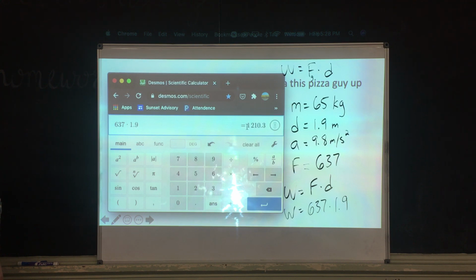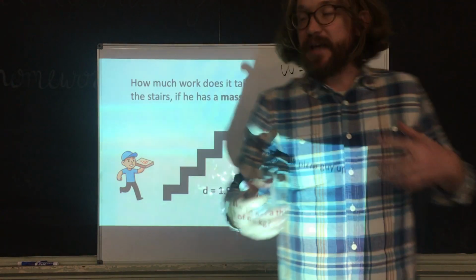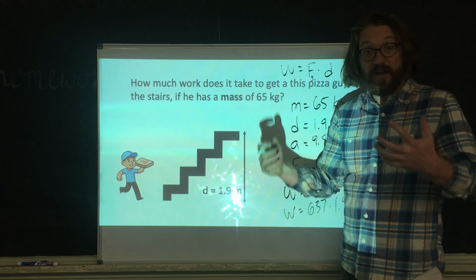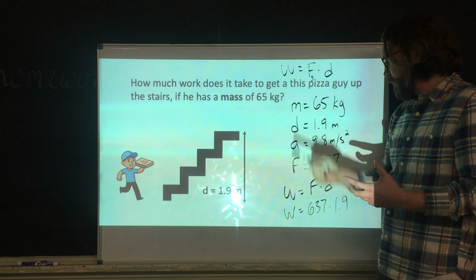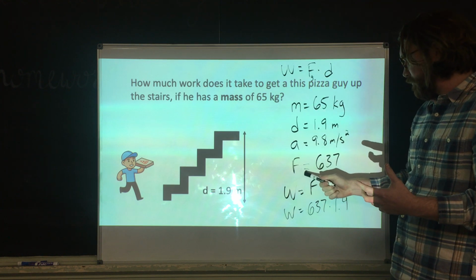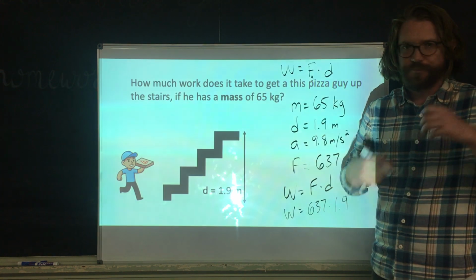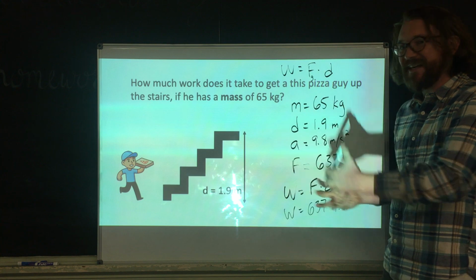And that gives us 1,210.3 joules of work. All right? So that is how you find how much work it takes to go up a flight of stairs. When you're going up, you're fighting against the force of gravity. So you got to find that force of gravity, which is equal to the mass times the acceleration. We're working with small equations, but it's seeing how they play together.